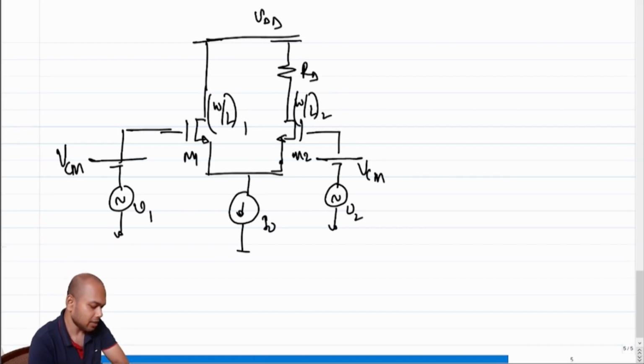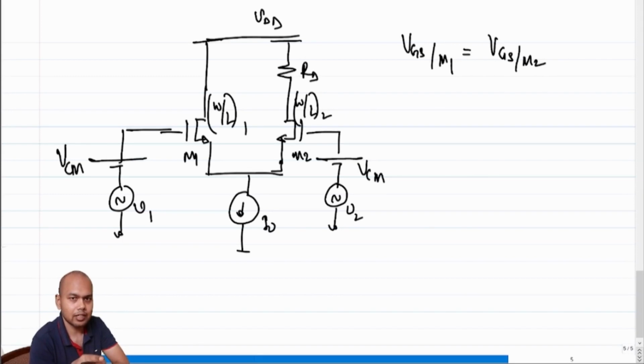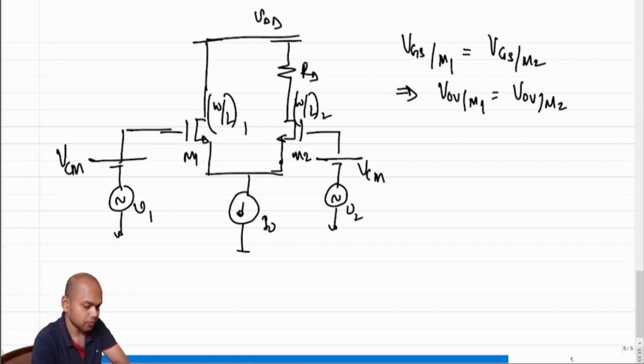Correct? Note that the VGS of both M1 and M2 are identical, right? So VGS of M1 is equal to VGS of M2. Why? Because quiescent wise, both their gates are at the same voltages, their sources are tied together, and the threshold voltages are also the same, which means they have the same overdrive also, which means V overdrive of M1 is equal to V overdrive of M2.